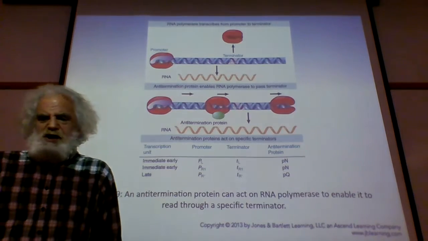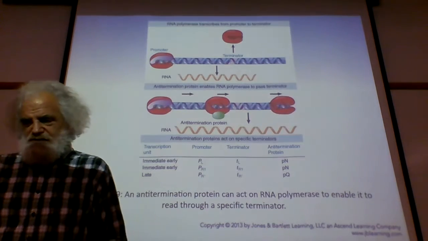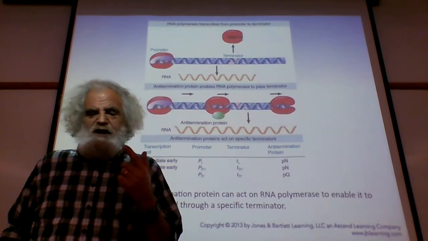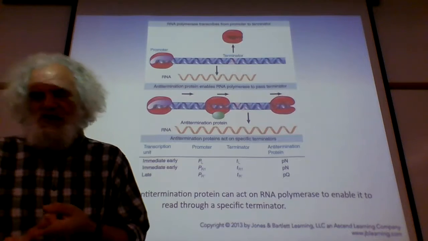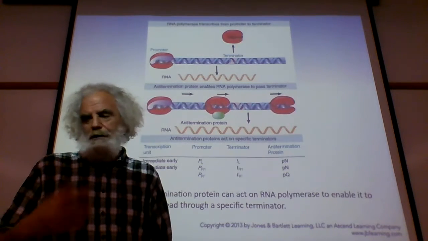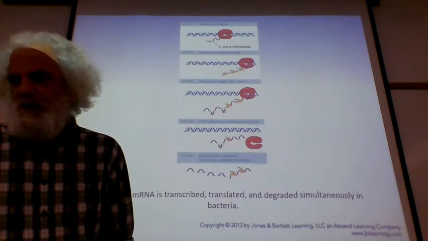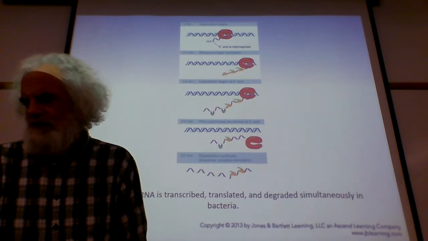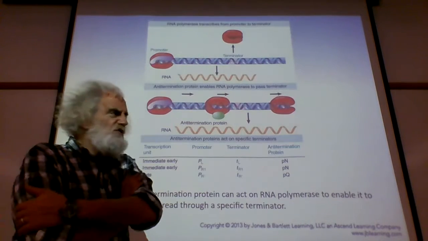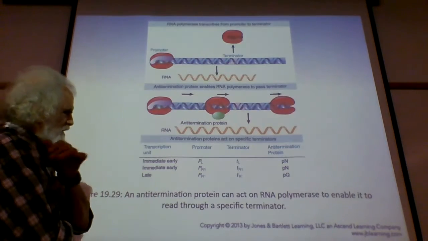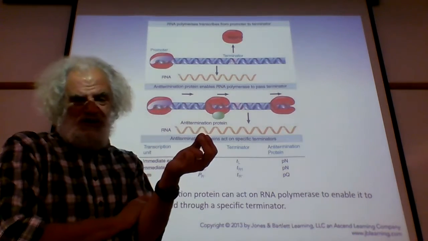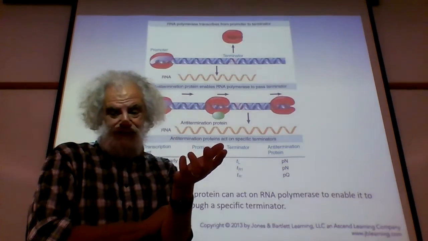So there are a couple of different anti-termination systems. One of the best defined anti-termination systems is an anti-terminator that is known as N. Why the creative name N? I don't know. N is using a site, the anti-termination site, that is known as an N utilization site or a NUT site.